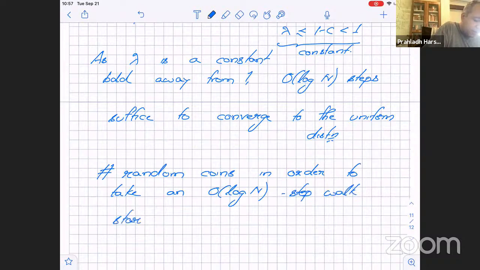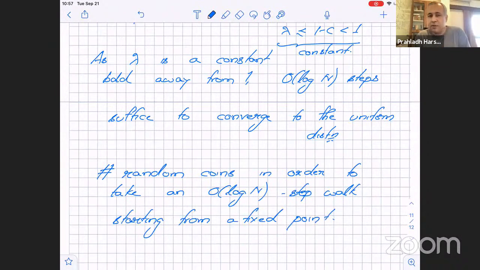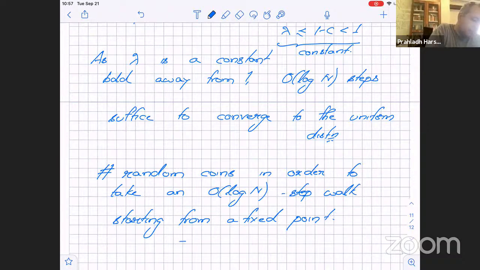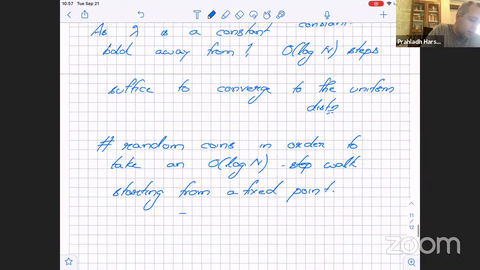The first point is not a random point. What's the number of random coins you require? Log d times log n maybe.